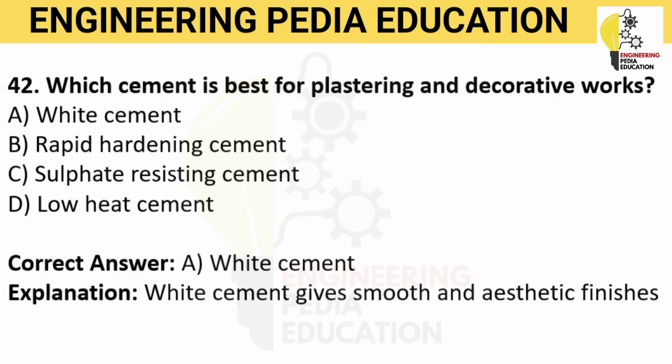Advantages are bright white appearance, smooth finish, better aesthetics, and it can be mixed with pigment for color design. Ordinary Portland cement is mainly for structural strength, while white cement is chosen for appearance and finishing work.